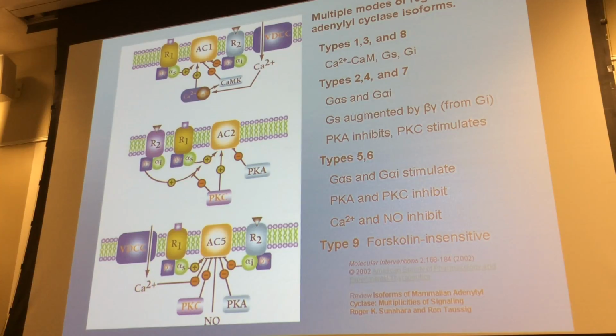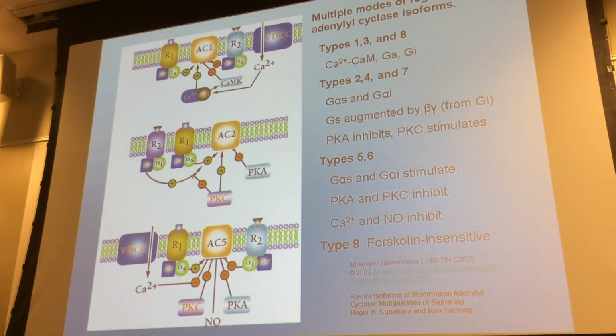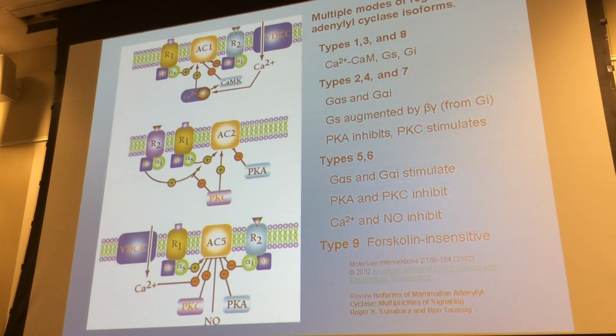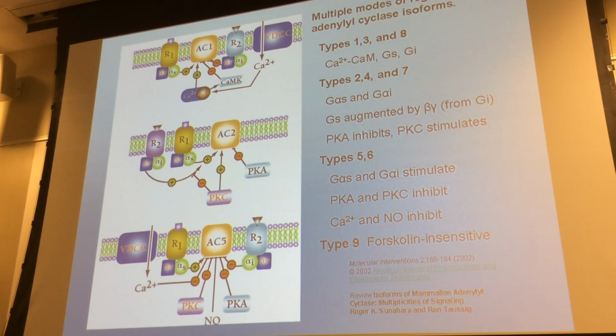So you have the basal level, and then when you add ionomycin, the cyclic AMP barely changes. It's probably not a significant change. What it's saying is that if you add either agonist, they seem to have about the same effect.